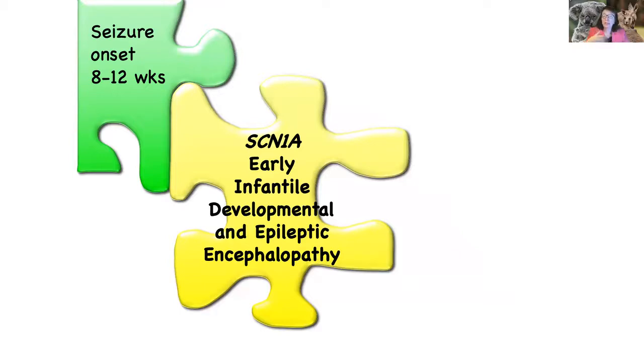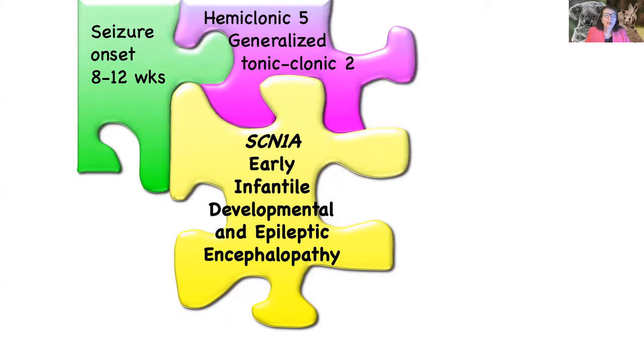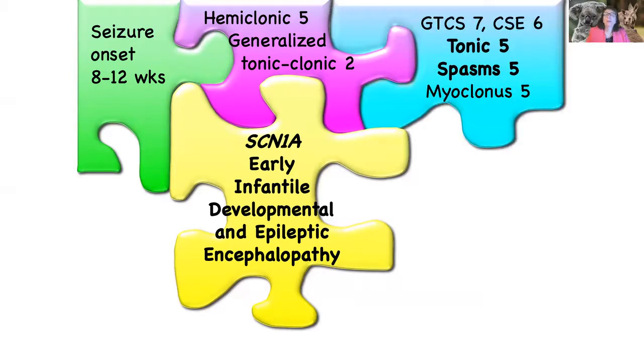So clearly there's overlap with the Dravet cohort. They also presented with hemiclonic seizures in 5 individuals and generalized tonic-clonic seizures in 2 boys. But what was different here in this group of patients is that early on, 5 had tonic seizures, which would be very unusual for Dravet, although, as I've mentioned, they can occur later.